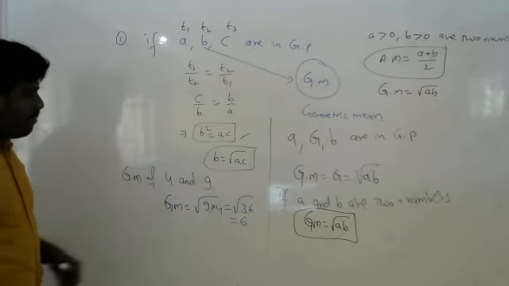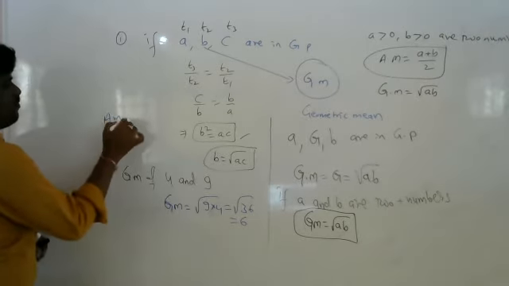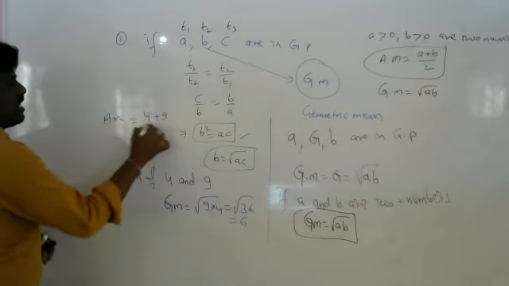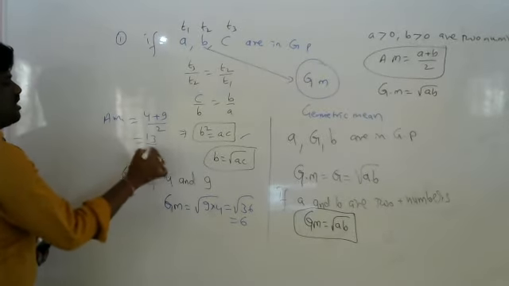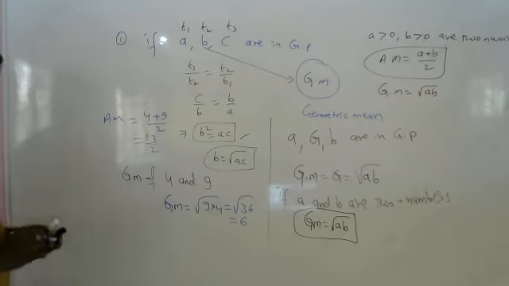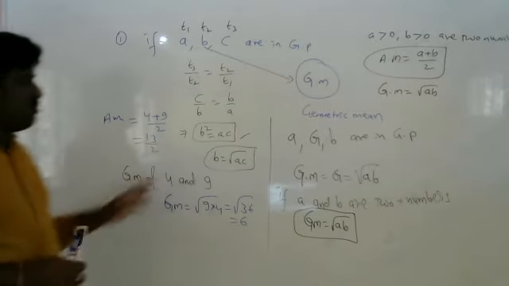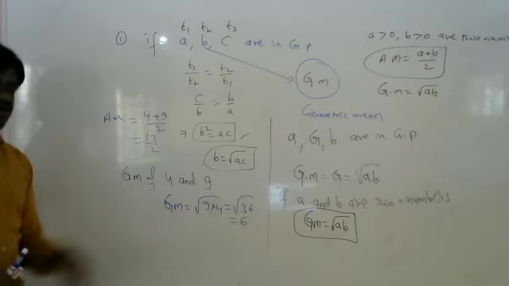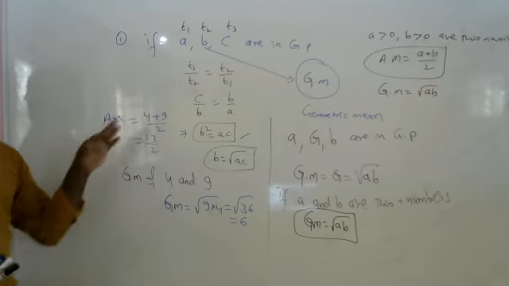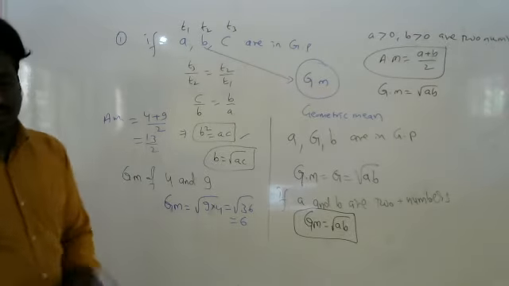The AM of 4 and 9 is 4 plus 9 by 2, that is equal to 13 by 2. Any time they give two numbers, GM is equal to root AB and AM is equal to A plus B by 2.